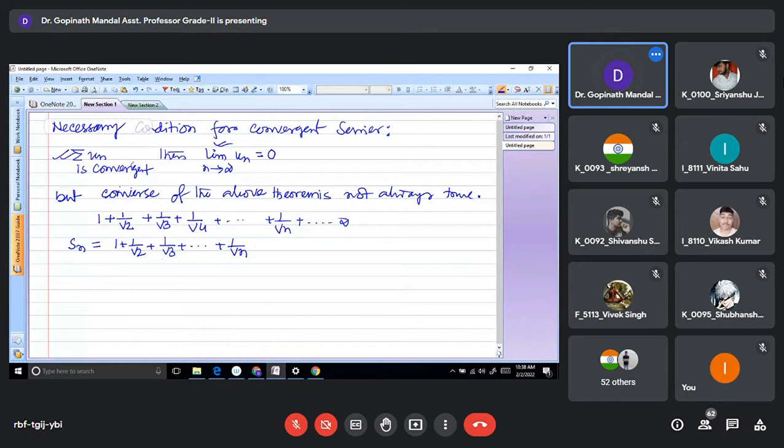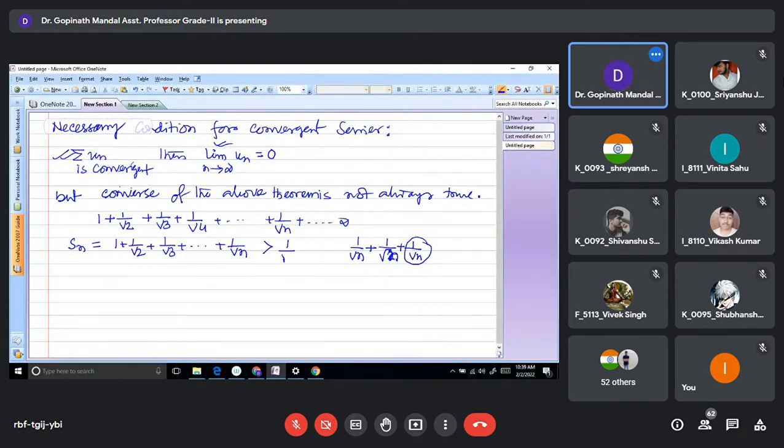The last term is 1 by root n, and every earlier term is greater than 1 by root n, and so on.